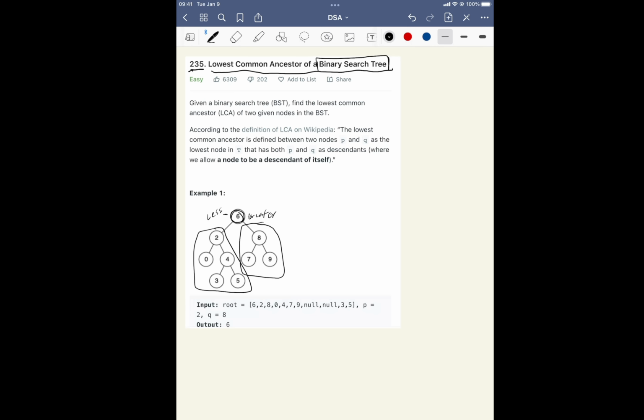So that's a binary search tree, and that definition is recursive. So for every node, that is also true.